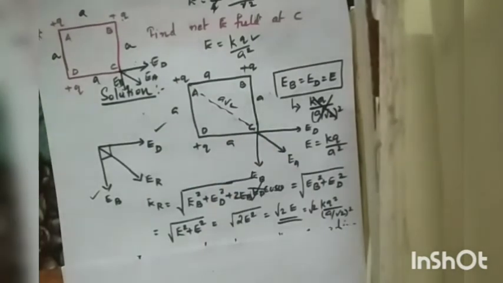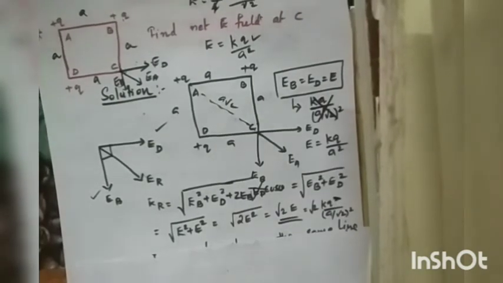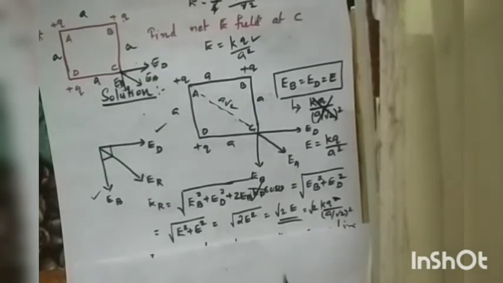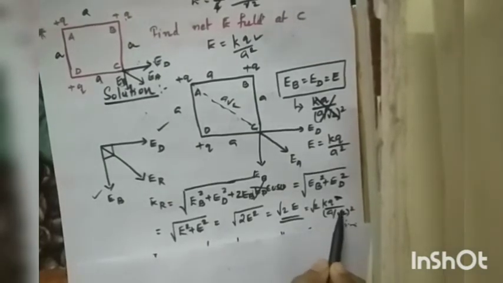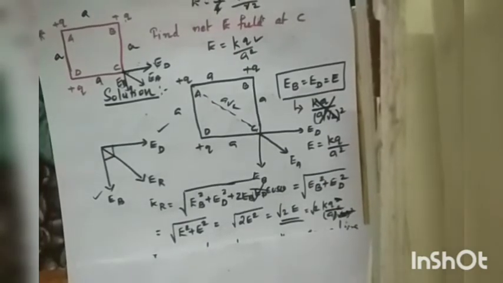E is KQ by, it's not square, KQ by A by root 2 whole square. Sorry, it is KQ by A square, KQ by A square.